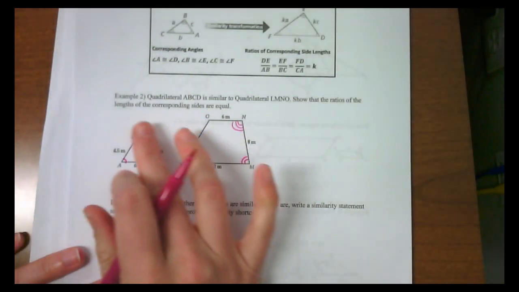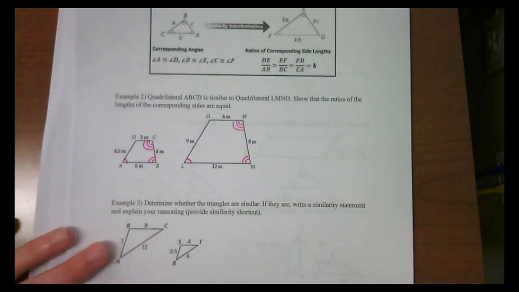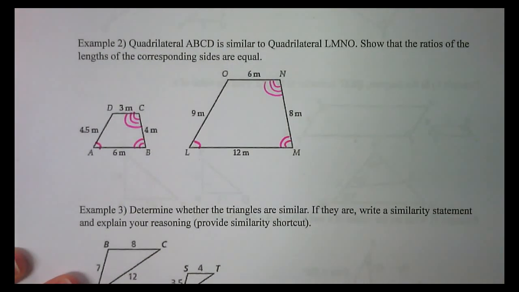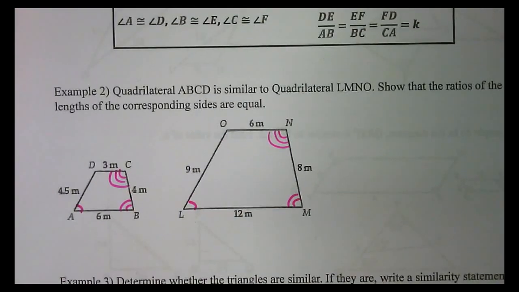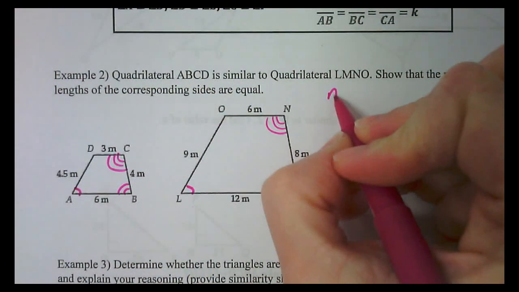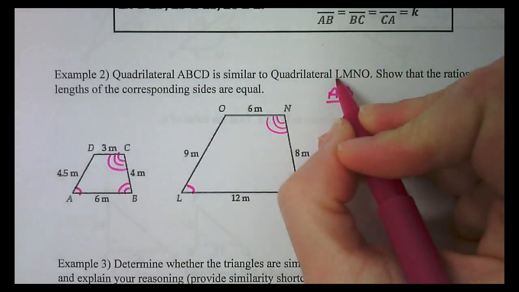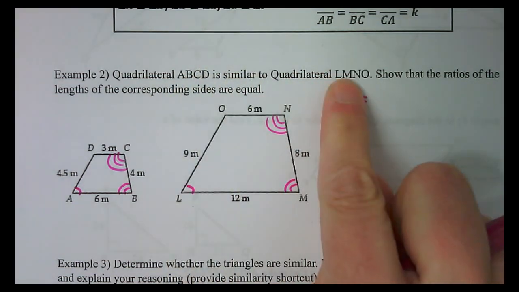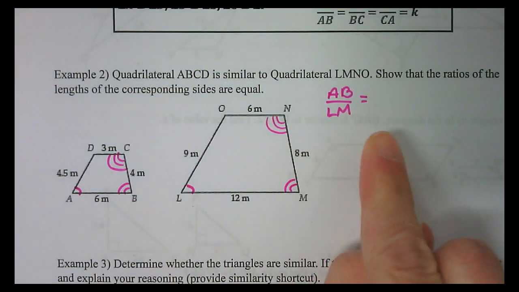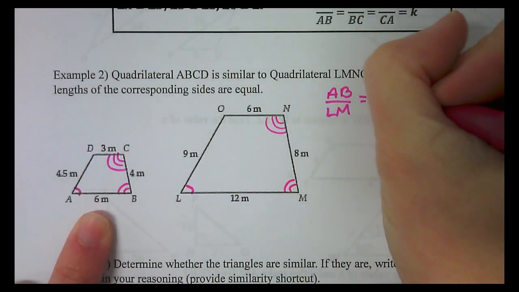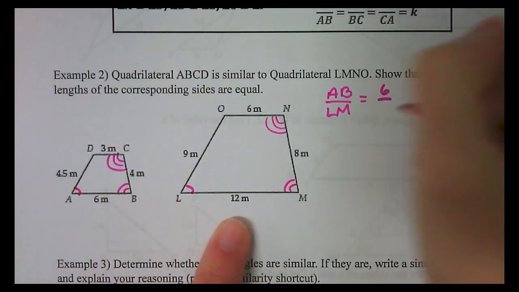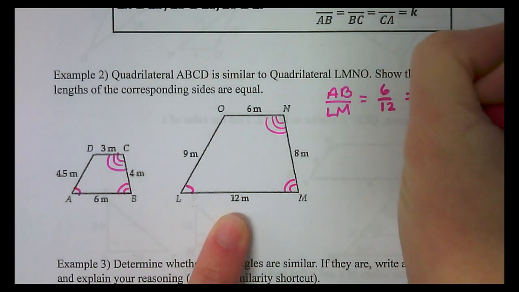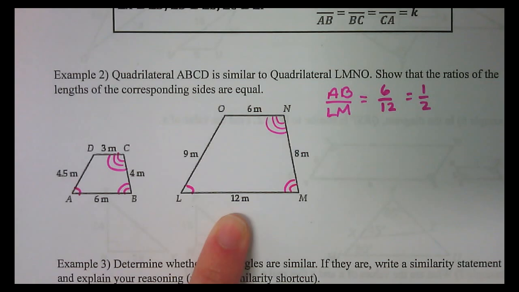Okay. Show the ratios of the lengths of the corresponding sides are equal. So this is going to help us match up the correct pieces. AB should match up to LM because AB is first and second, LM is first and second. So in this picture, we have 6 over 12, and that simplifies to 1/2.